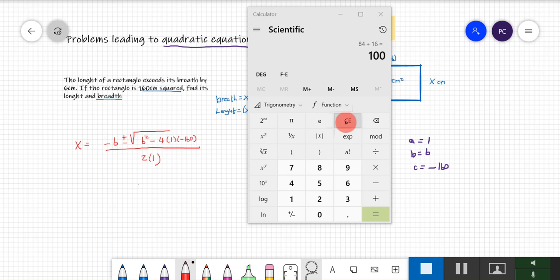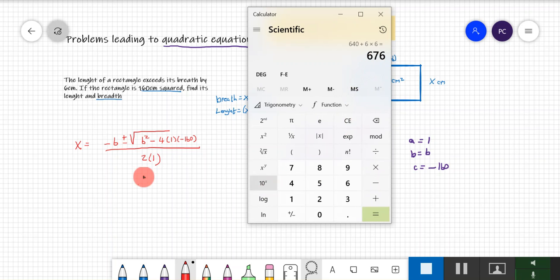So that's going to be a positive, so it's going to be 4 multiplied by 160, which is equal to 640, and then 6 squared plus 6 multiplied by 6, which is going to be 676.